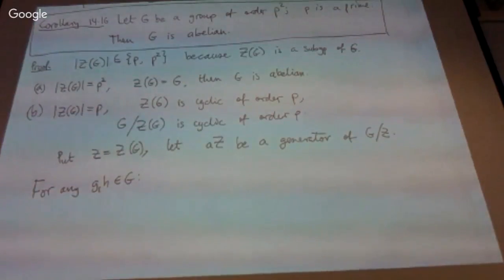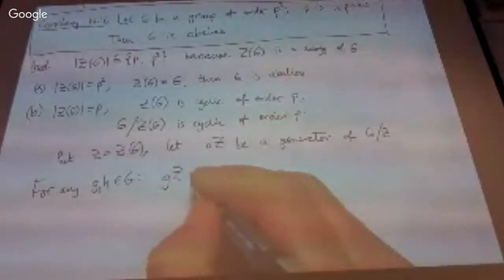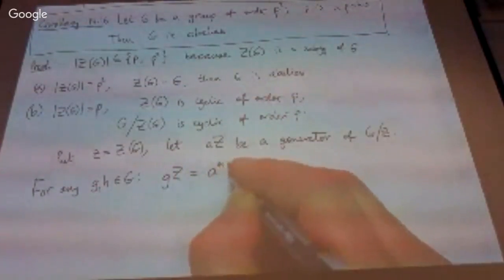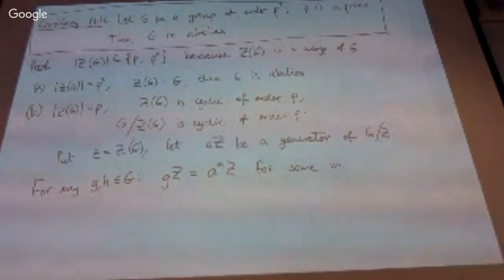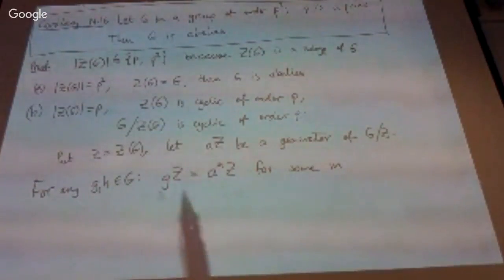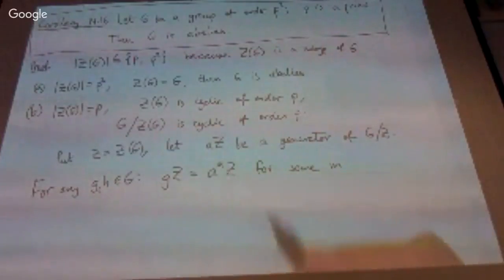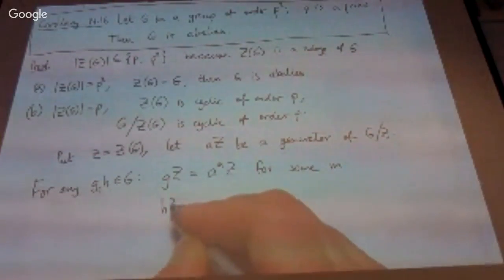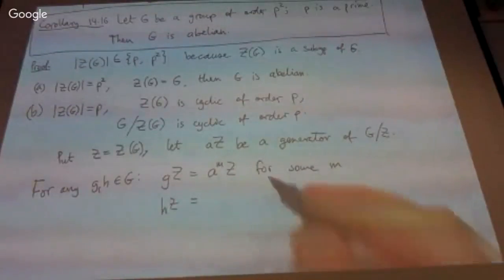If I take any element of the group G, what is GZ? Well, it's A to the M Z for some M, because AZ was the generator, and GZ is a coset, so it has to be a power of that coset.